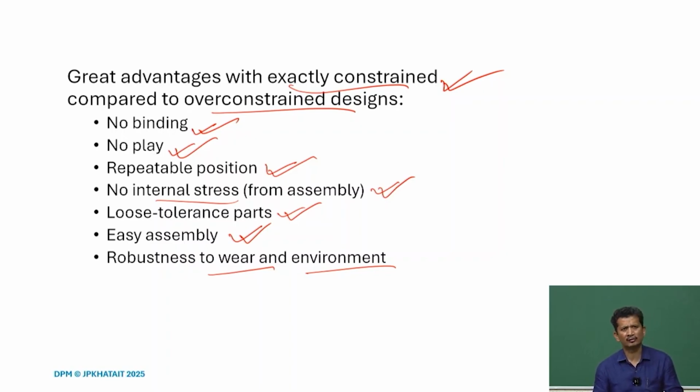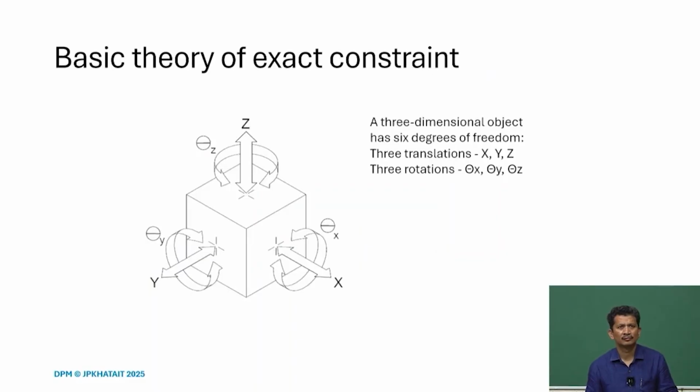So, yes, it's robust enough, and robustness to wear and environment we can achieve. We will talk more about exact constraint design, and we will take more examples in the next lecture.